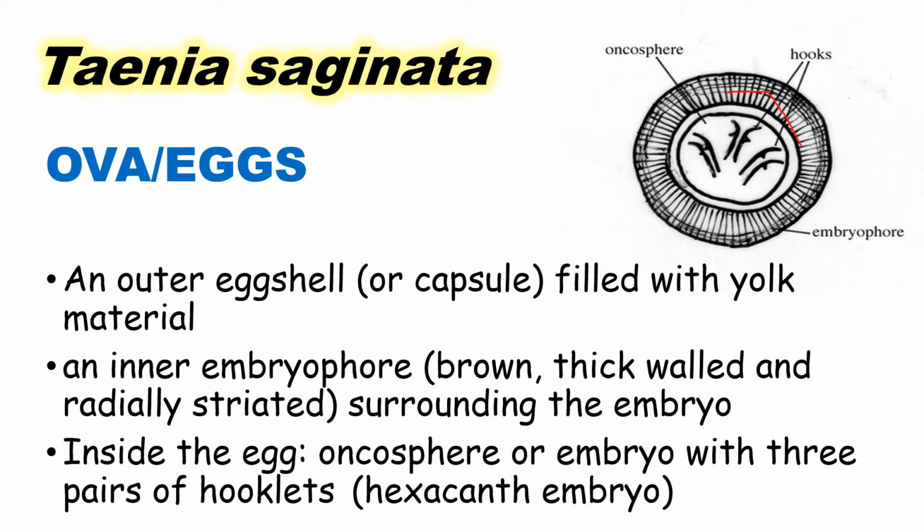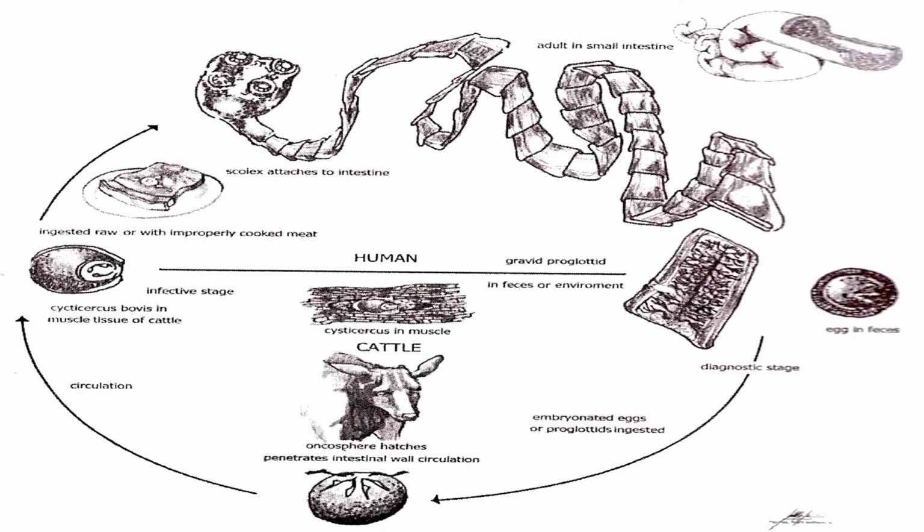Okay, so let's proceed with the life cycle. So first, guys, let's review again the larva associated with Taenia saginata. It is a cysticercus, right? So it is the larval stage of Taenia. But guys, the species of cysticercus of Taenia saginata differs from that of Taenia solium.